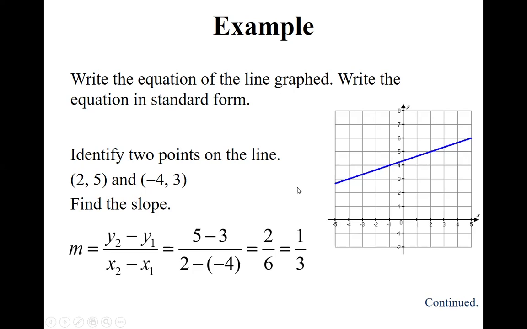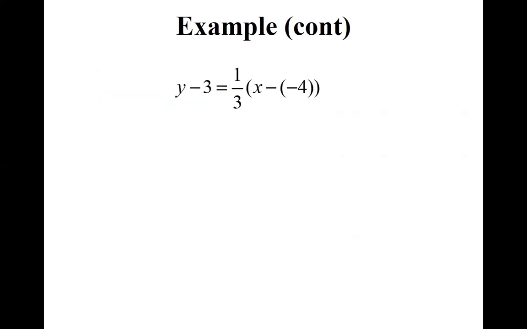We're not done though. We wanted to write the equation in standard form, and all we have right now is a slope, and 2 points on the line. Let's use (-4, 3) along with the slope and put it in point-slope form. y minus y1: y minus 3 equals 1/3 times x minus -4.